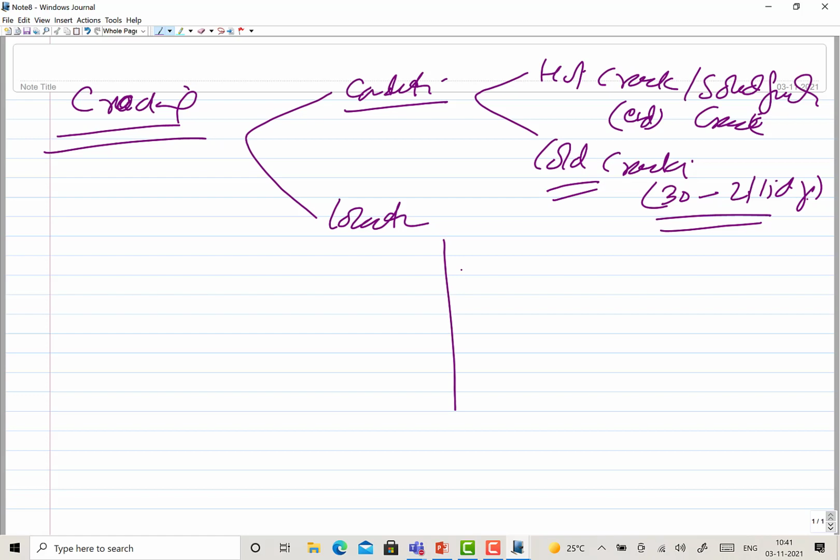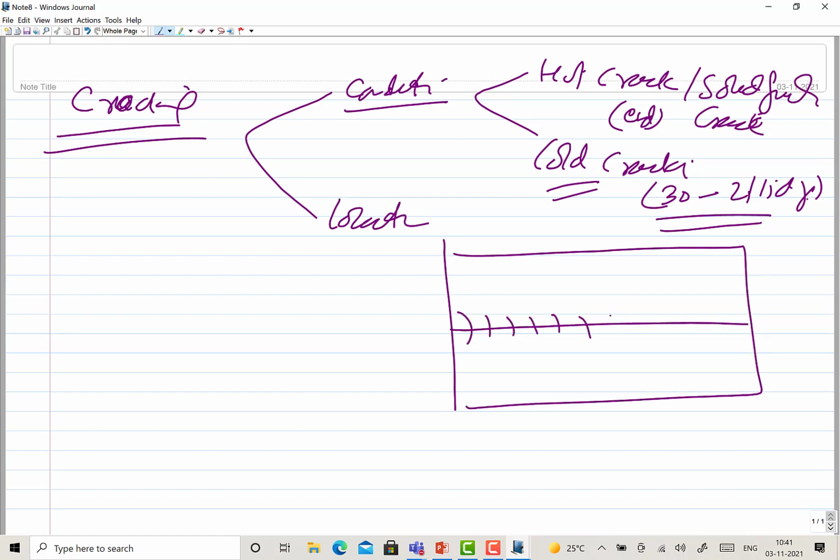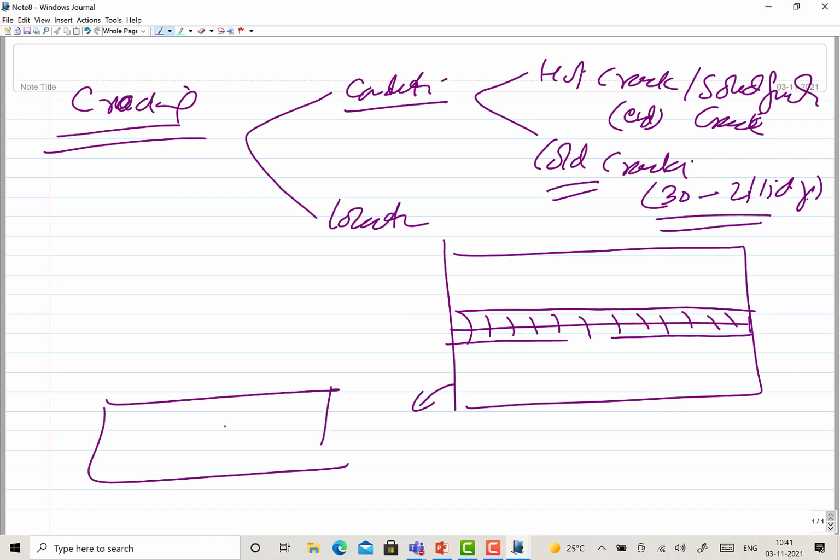As far as location is concerned, say this is the top view of the weld. Depending upon the location and orientation, if we see this weld in the front view, it will look like this. So this is the top view and this is the front view. Now you can have the crack at the center line like this.